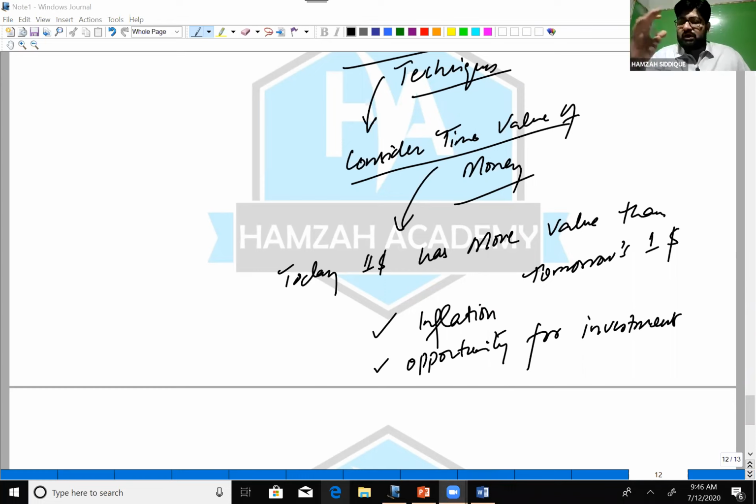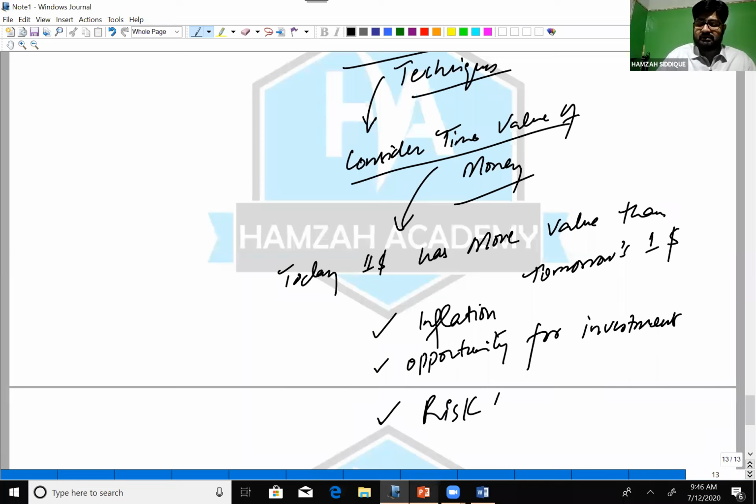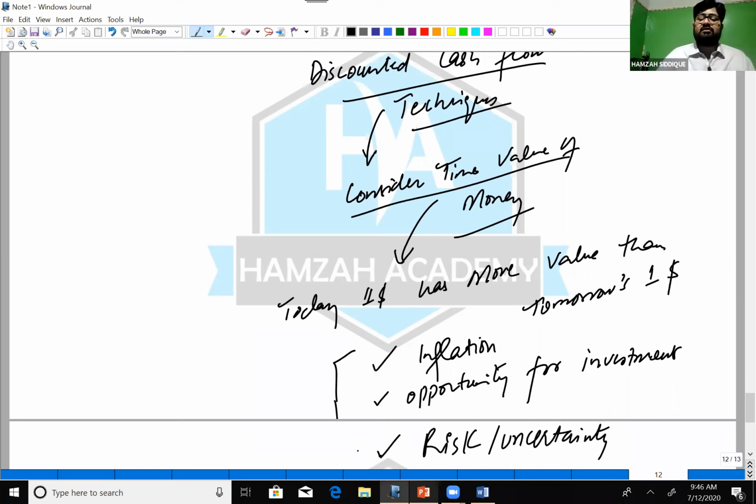But if you get $1 tomorrow, that will be just $1. The third is risk or uncertainty. It is for sure you are getting $1 now, but will you get it tomorrow? Tomorrow is uncertain. So these are the three reasons because of which the time value of money exists.